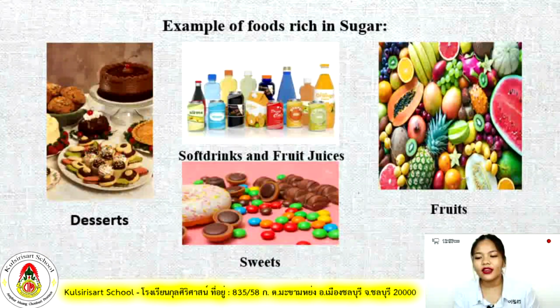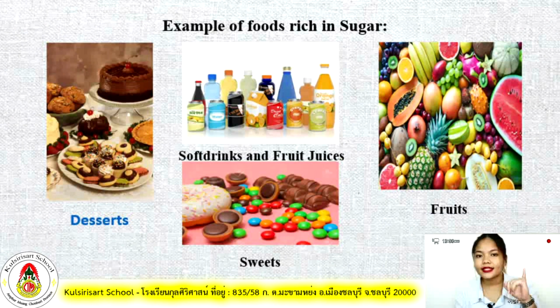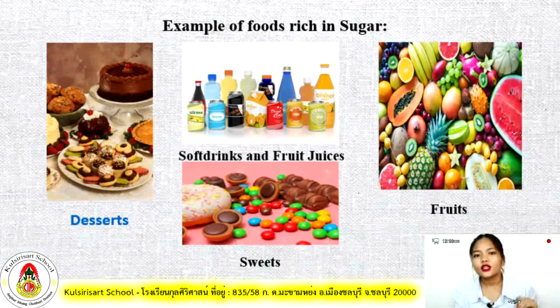Okay? So, I have here with me examples of foods rich in sugar. The first one is desserts. Desserts include your cakes and your pastries. These foods are very rich in sugar. The next one is soft drinks and fruit juices.